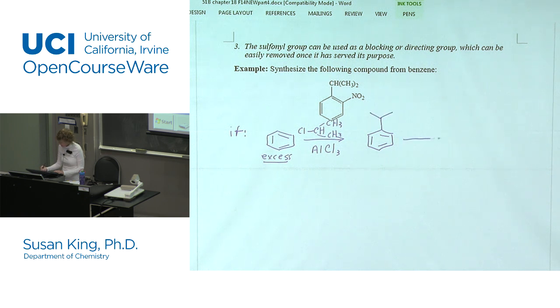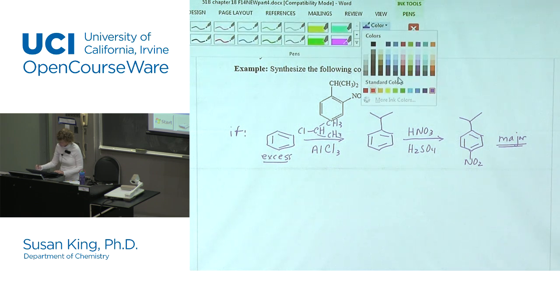But in the next step, HNO3, H2SO4 are going to get para as our major, and that's because this is sterically hindered.